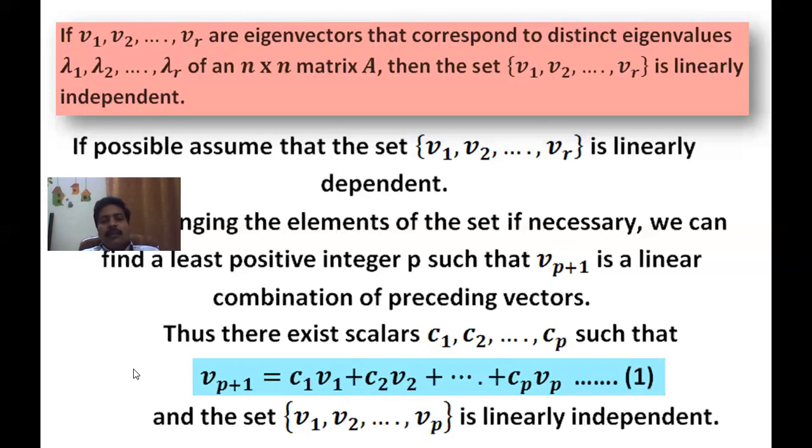If it is so, we can take that vector as p+1. That p can be chosen instead of this. So as per our choice of p, the first p vectors are linearly independent.